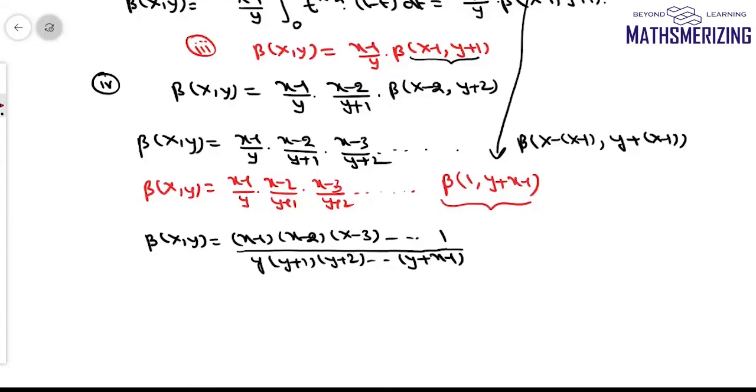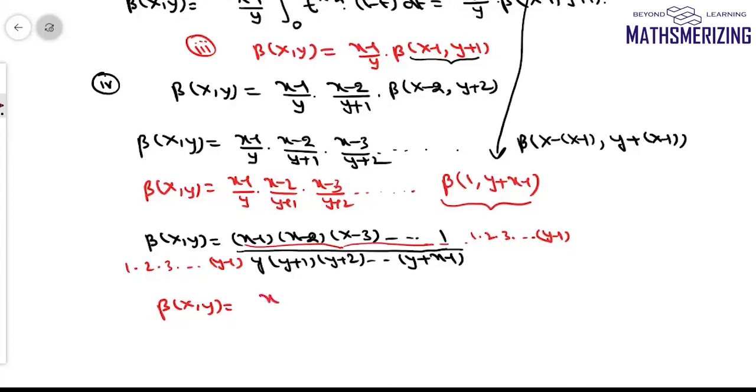Now what I'll also do is multiply and divide it with 1, 2, 3 up to y minus 1. Now if we look at this function, this is beta xy. Now 1 into 2 into 3 up to x minus 1 is nothing but factorial x minus 1.